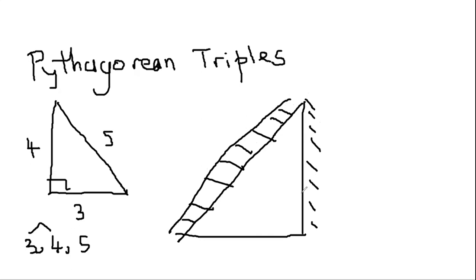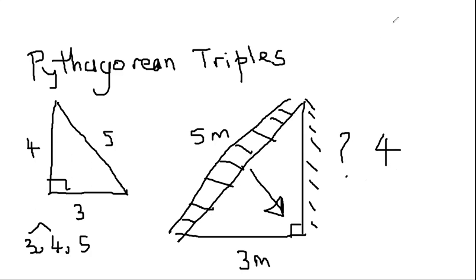The question says the length of the ladder is 5 meters, and the distance between the base of the ladder and the wall is 3 meters. What is the height of the wall? Obviously, it will be 4. Because it's a right angle triangle, the ladder would be the hypotenuse. And in less than a second, probably a millisecond, you work it out, and boom. That's one question.